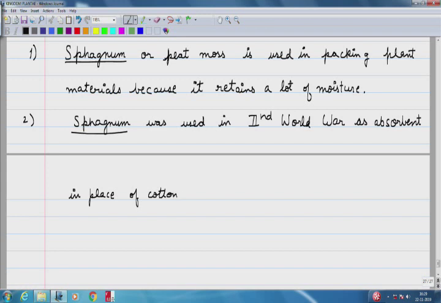It has natural antiseptic properties as well.